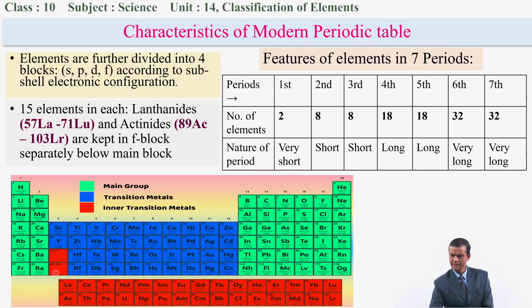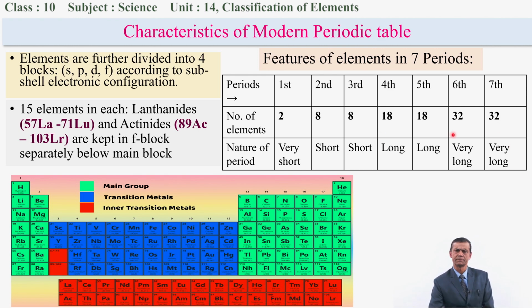Here are the 18 elements in period 6, and here are the other 14 elements, in the down block, lanthanides block and actinides block. Lanthanides block has 14 elements, here are the 18 elements. So, altogether there are 32 elements. So, periods 6 and 7 have 32 elements, which are termed the very long periods, isn't it?